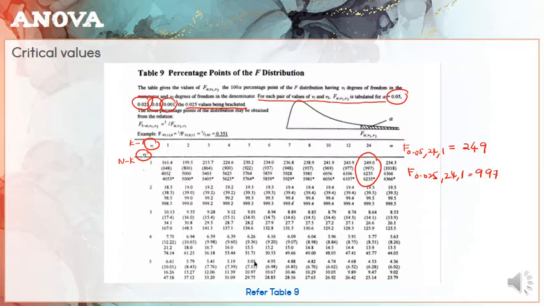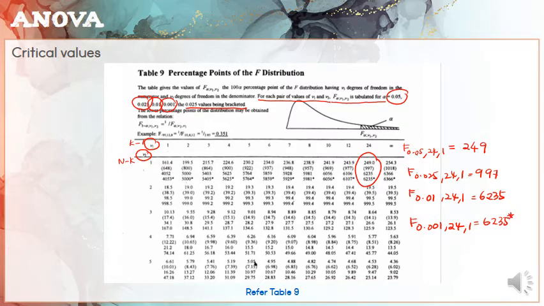The one below is 0.01, 24, 1, 6235. And the last one you see is actually 0.001 with degree of freedom 24 and 1. It gives 6235 but there is a star there.